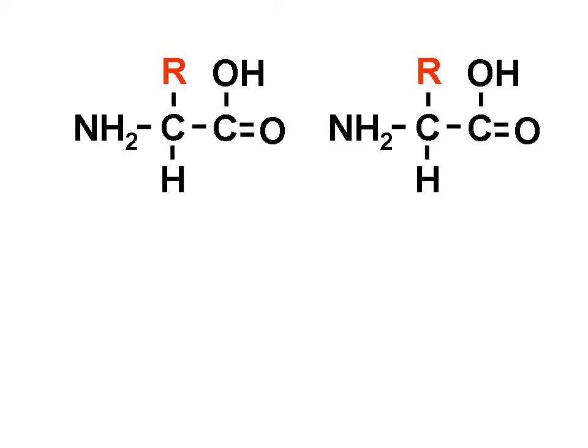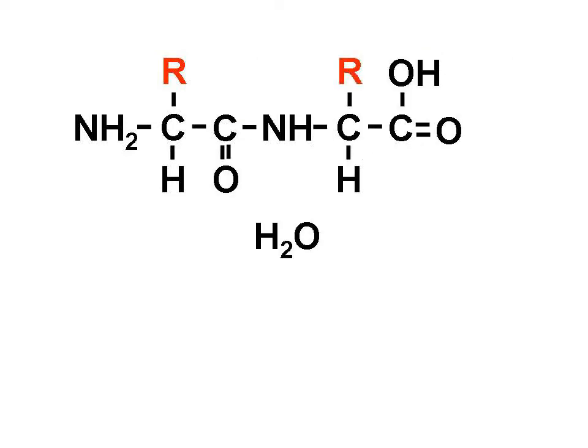So amino acids can bind to each other through a covalent bond called the peptide bond or the amide bond. This bond is formed between the carboxyl group of one amino acid and the amine group of the second amino acid, as shown here.